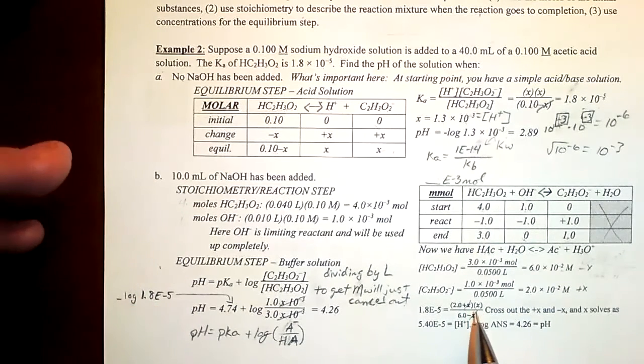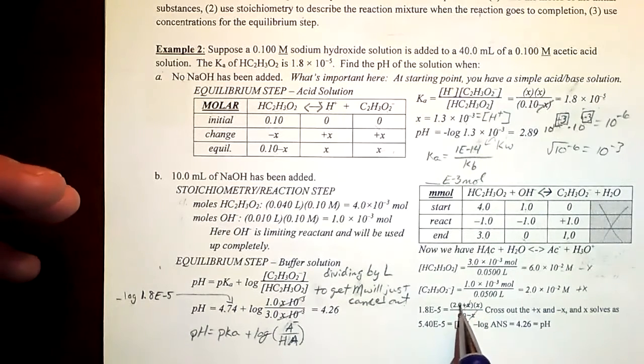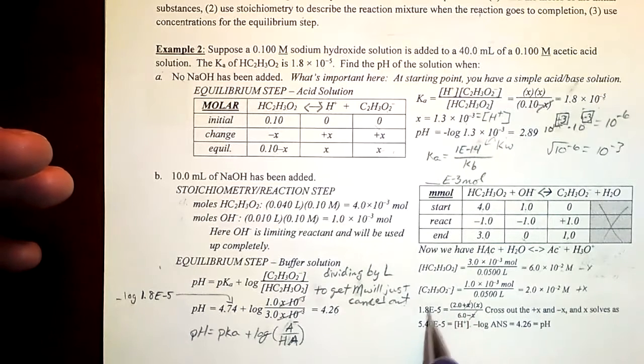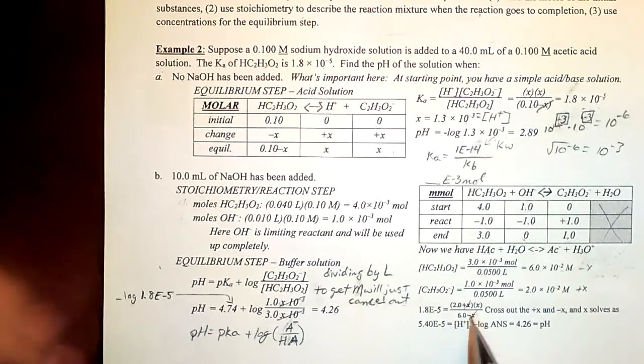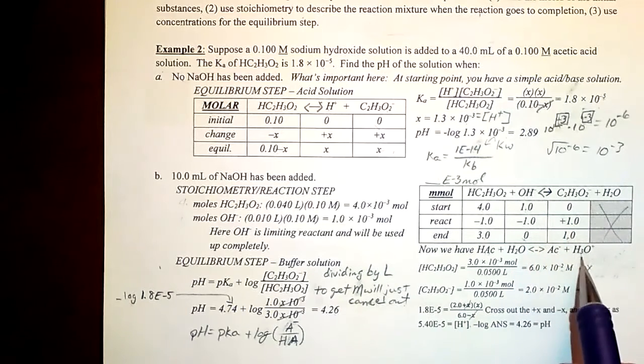Except we said Ka is so small that plus X and minus X doesn't really matter, so we can cross them out. So when I take this, also reduces to 1/3, and when I divide by 1/3, I get this, and that is X, and X is H plus, or H3O plus, and negative log of that will give me pH.